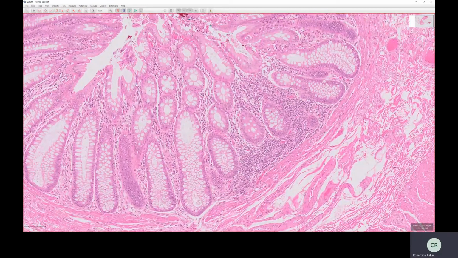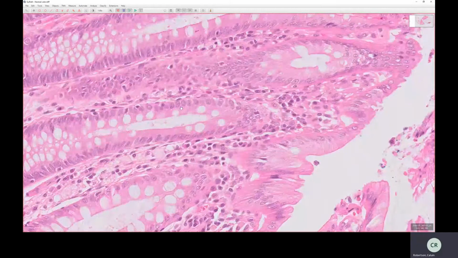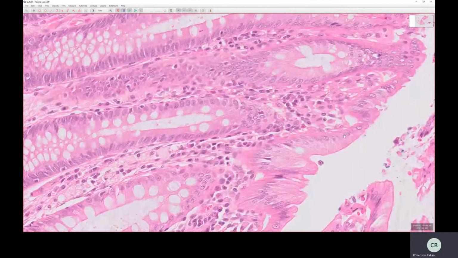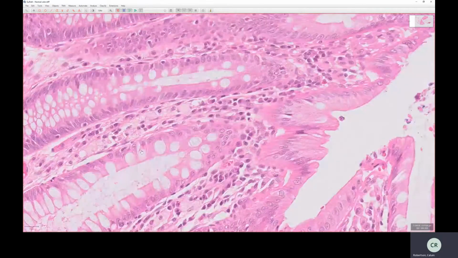You'll probably have already noticed that the cells that line these crypts are a wee bit different from most of the cells here, the absorptive cells, in that they all have these big, clear circles within them. That's because these are full of mucin, and these are goblet cells.